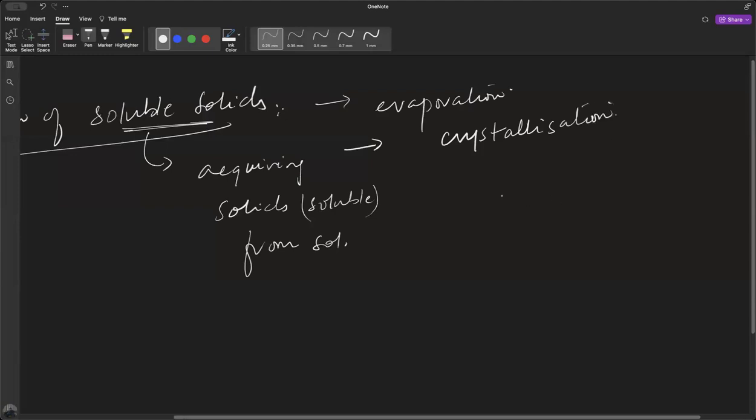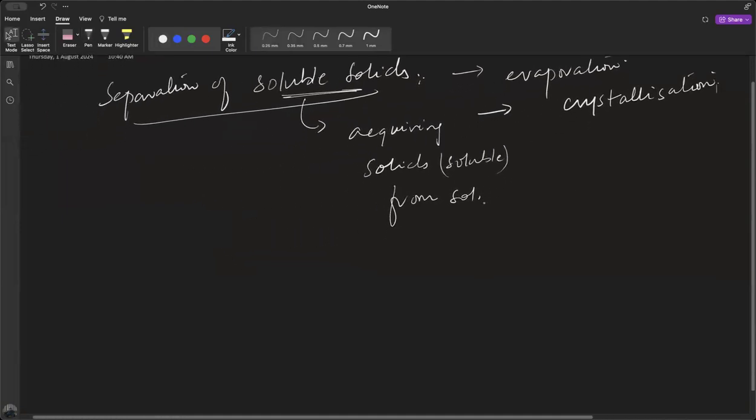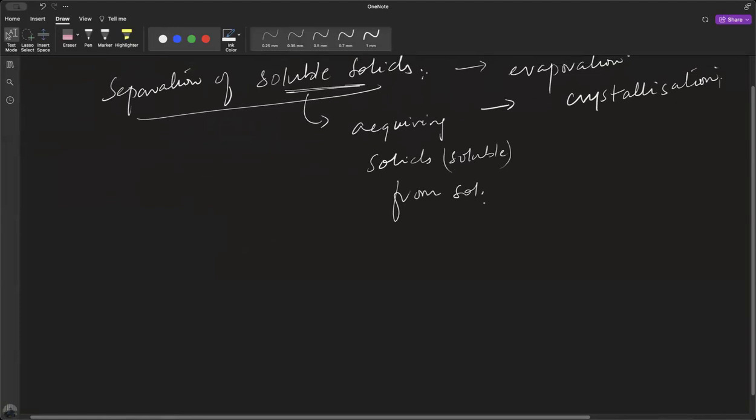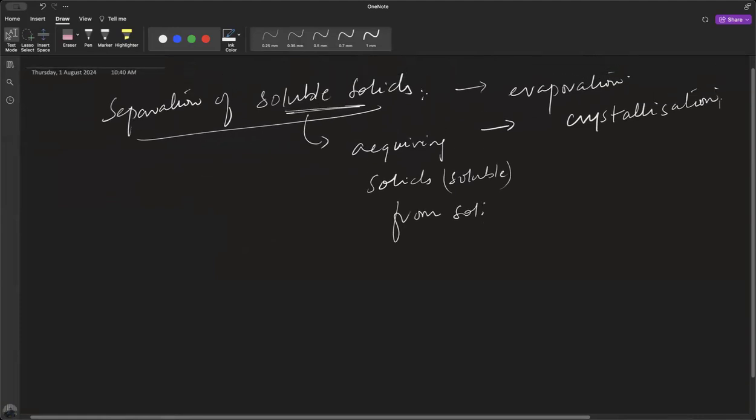Okay, so we are still trying to obtain solids from either their suspensions or their solutions.